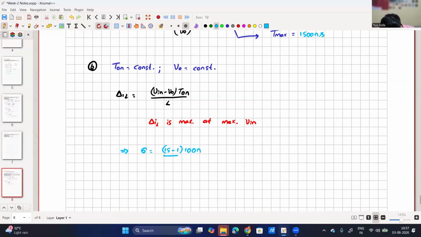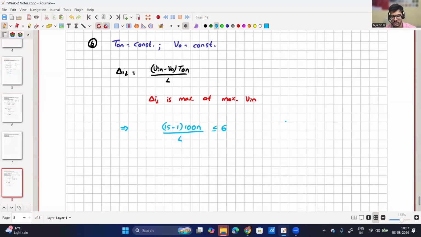So I'll put in nano only, equals inductance. So my delta IL should be less than or equal to 6 ampere because the maximum current should be less than 6. That's what they have given. So now my inductance is greater than or equal to 1400 by 6 nanohenry.